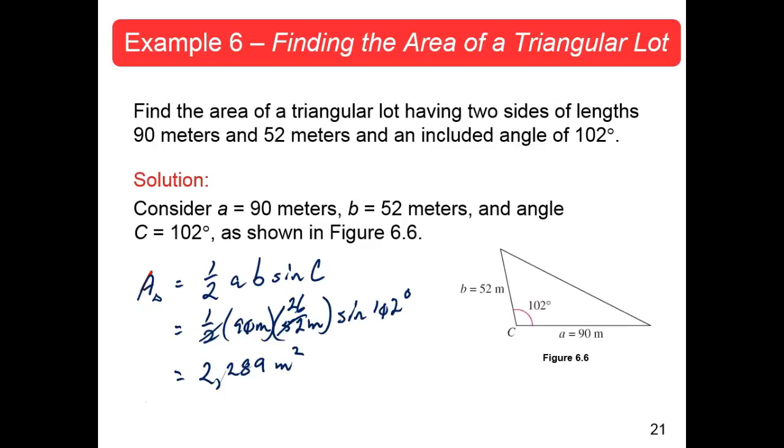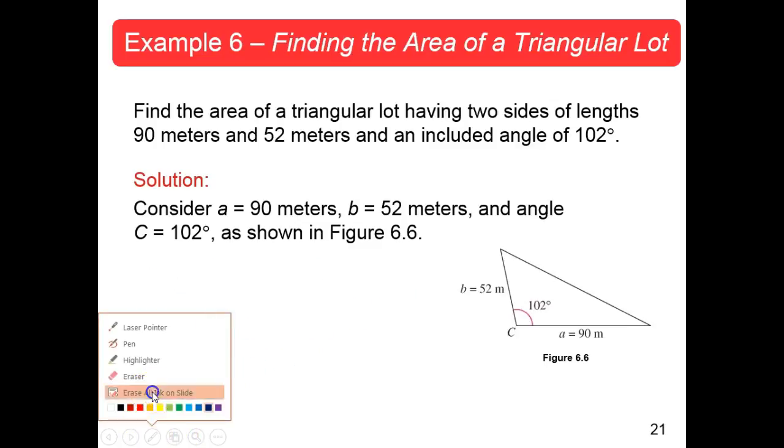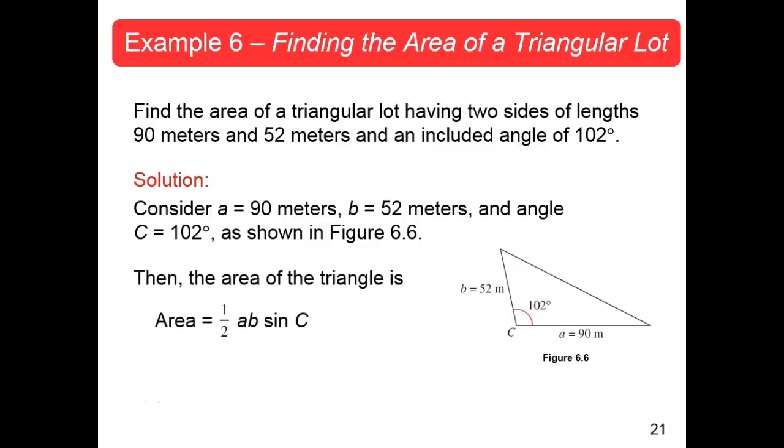And by the way, there is a check quit there. Please do that. But before we move on, let's just make sure they did it the same way we did. Okay, the area of the triangle is 1/2 AB sine C, just like you said. And that's 1/2 of 90 times 52 times sine of 102.